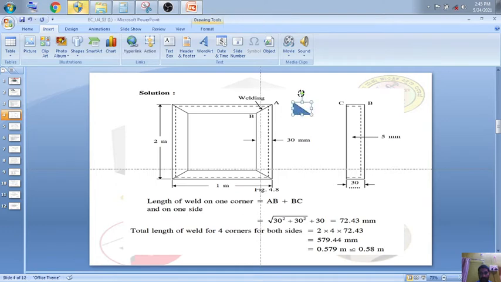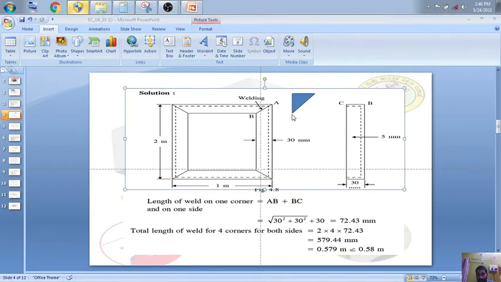So this is the length of AB, which you need to find.